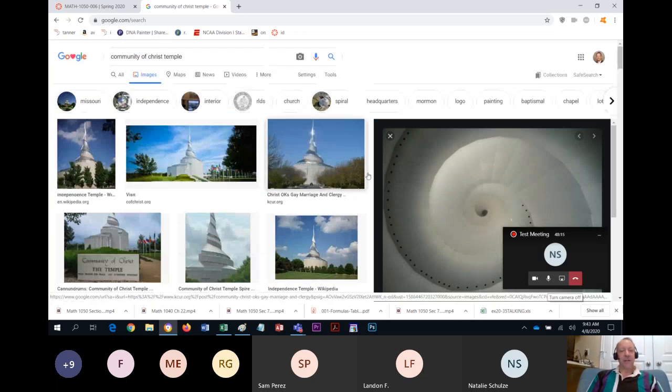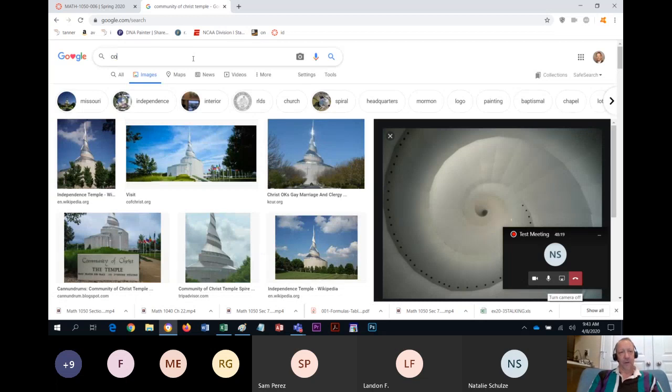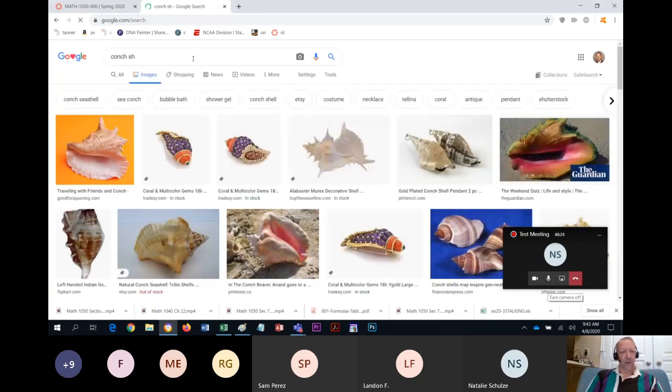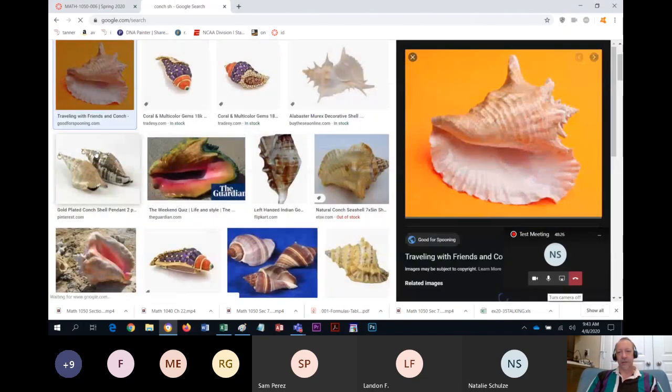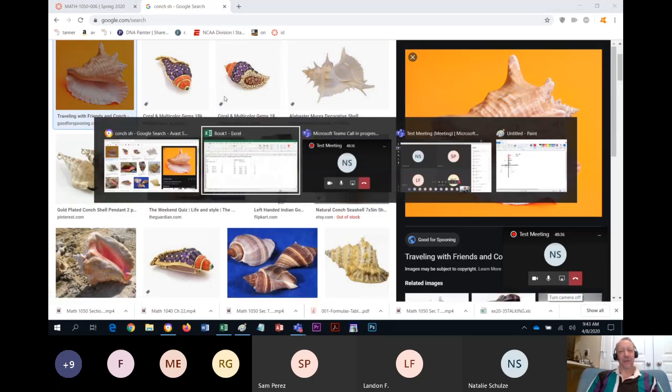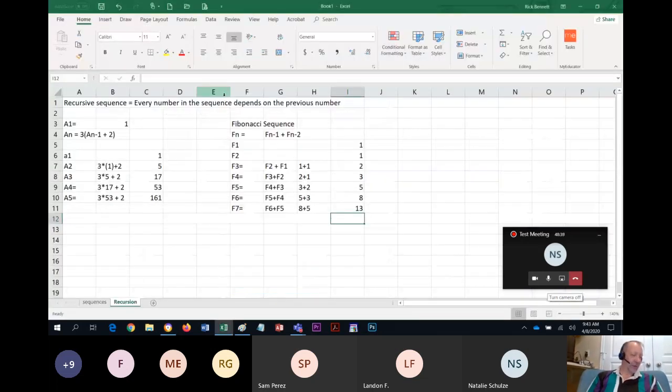So yeah, this is based on the Fibonacci sequence, conch shell. And there you can kind of see the conch shell is surprisingly shaped like a Fibonacci sequence. So that's kind of one of your famous recursive sequences.